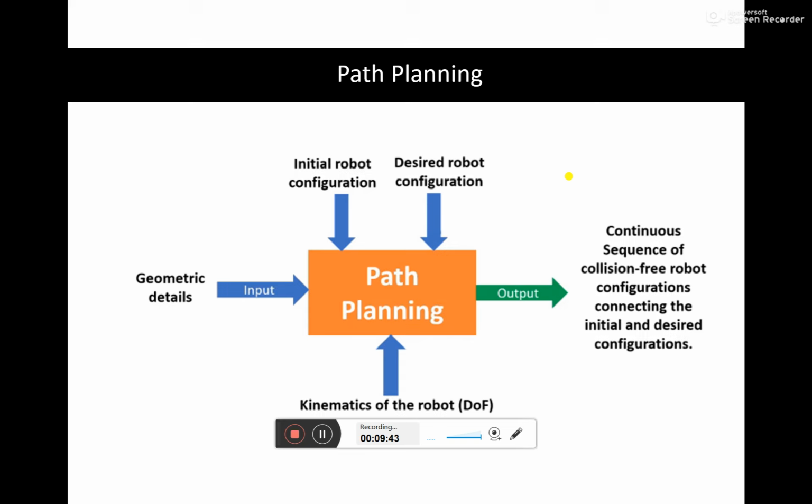The robot will perform different continuous movements collision free, and as per the configuration it will make different movements such that it reaches its final position. That's how we have to do the path planning.